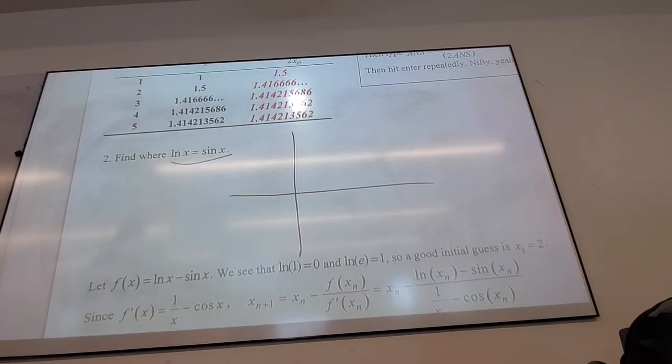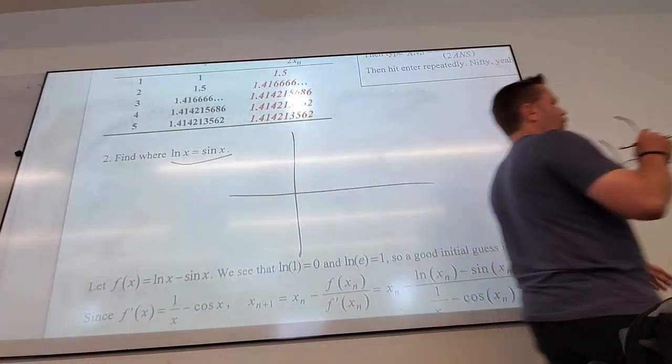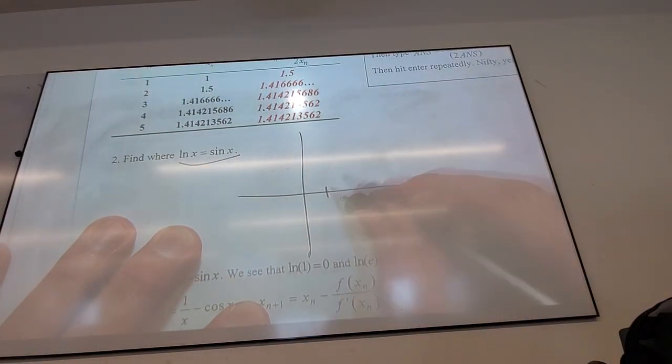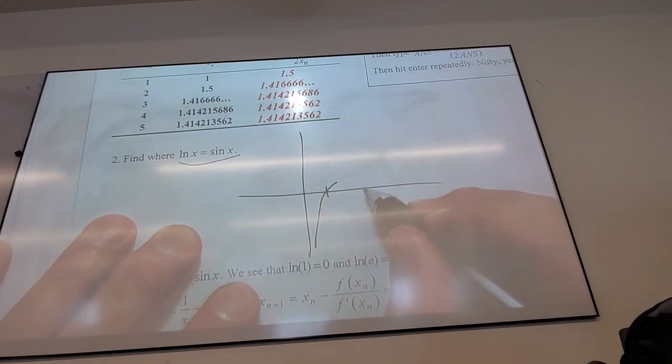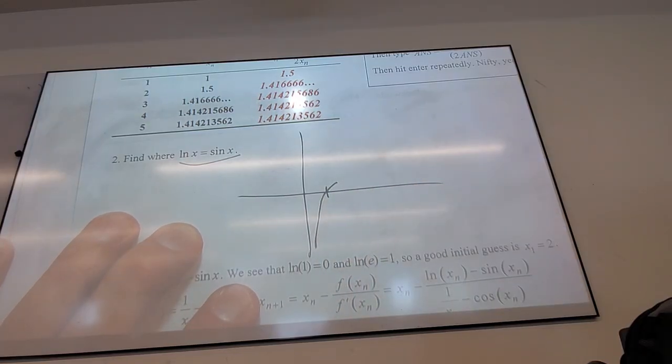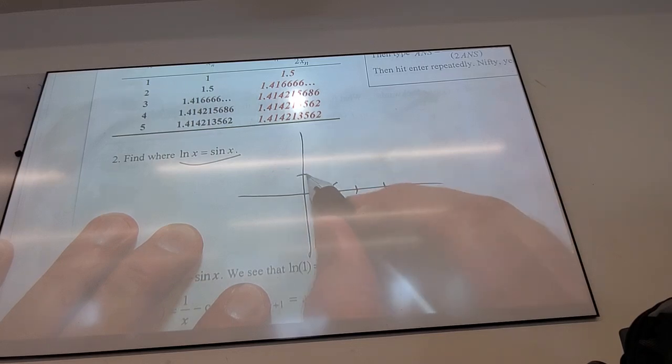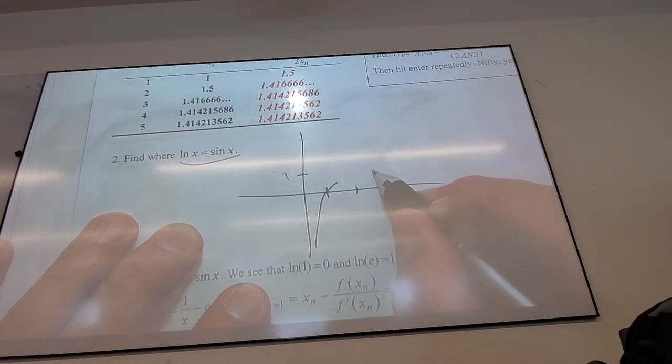Where does it cross the x-axis? At 1. Good. Natural log of 1 is 0. Can you give me one more point? Do you know what e is very roughly? 2.7 blah blah blah. So at 2.7, the output would be 1 here. Natural log of e is 1. Is that cool? Okay.